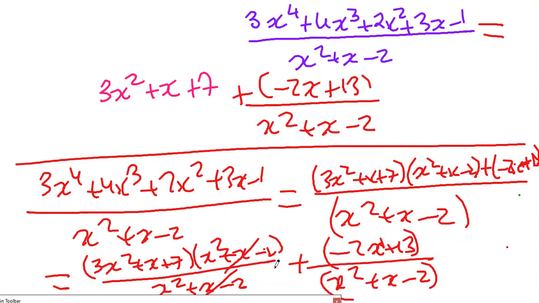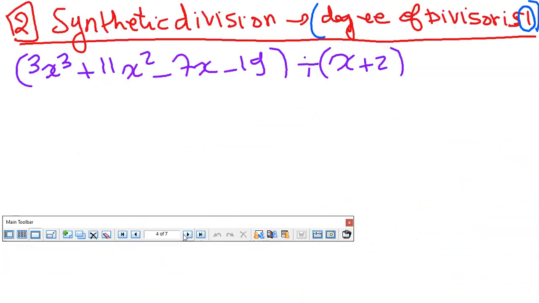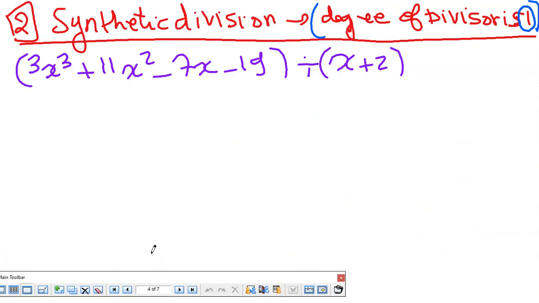This one we can simplify. So I can write it: 3x squared plus x plus 7 plus the remainder over the divisor. So this is how to do the long division and how we write the answer after the long division. Now I'm going to move to synthetic division.